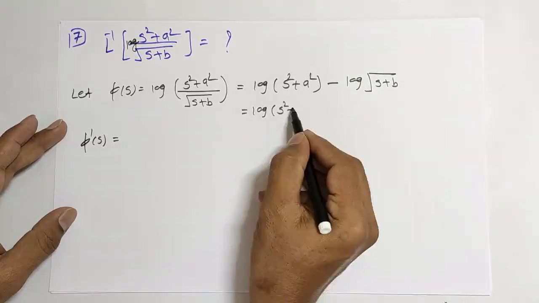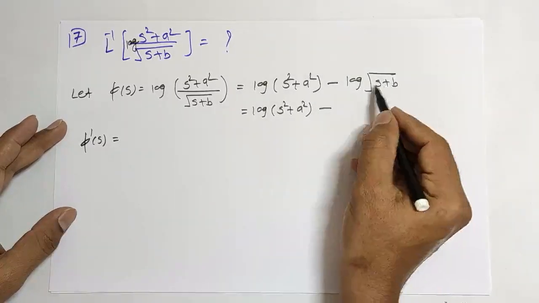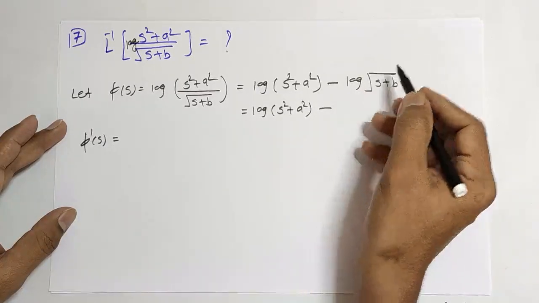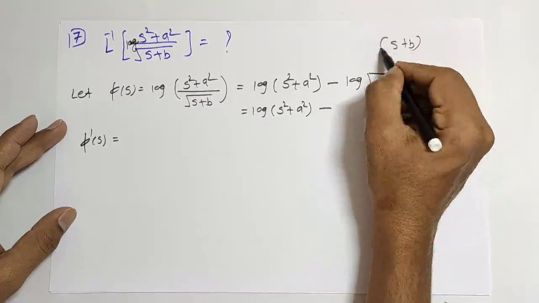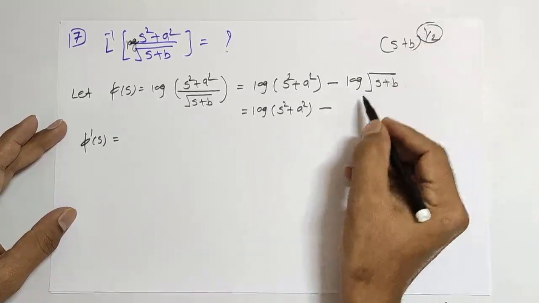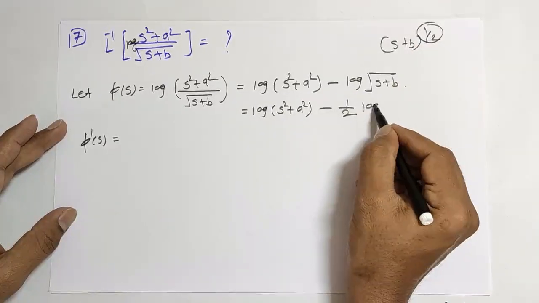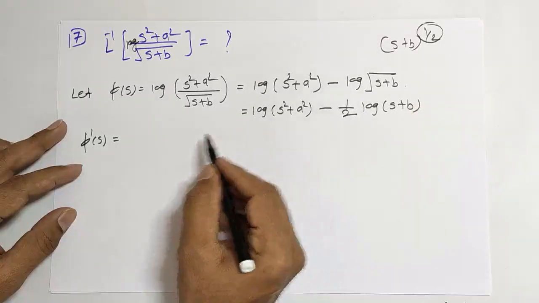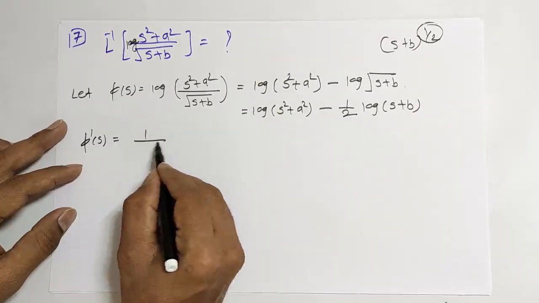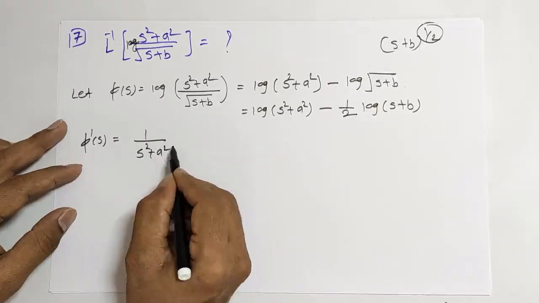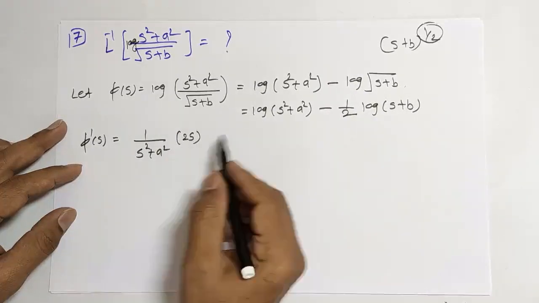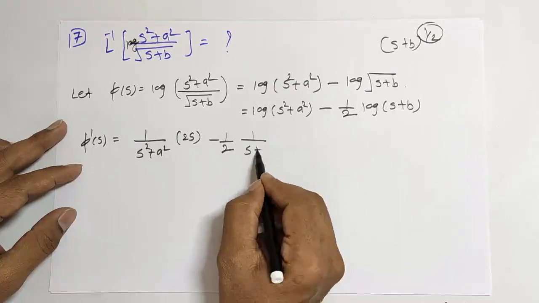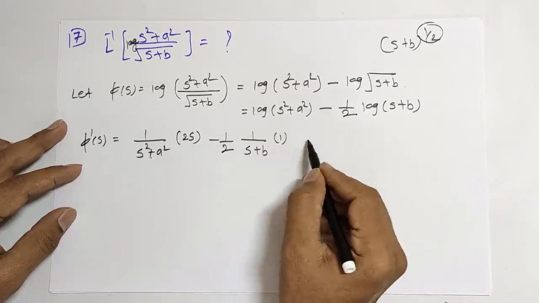log of s square plus a square. log का जो second property है, अंडर रूट एस प्लस बी को हम एस प्लस बी रेज टू हाफ भी लिख सकते हैं, राइट. और ये जो हाफ है ये आगे आ सकता है लॉग का प्रॉपर्टी लगाकर. हमें इसको डिफरेंशिएट करना है, तो इसका डेरिवेटिव होगा 1 अपॉन एस स्क्वायर प्लस ए स्क्वायर इंटू 2s माइनस 1/2, इसका डेरिवेटिव होगा 1 अपॉन एस प्लस बी इंटू 1.